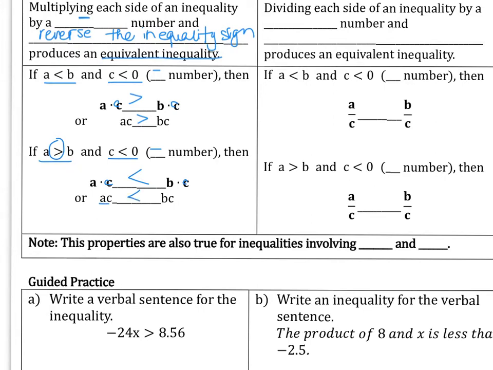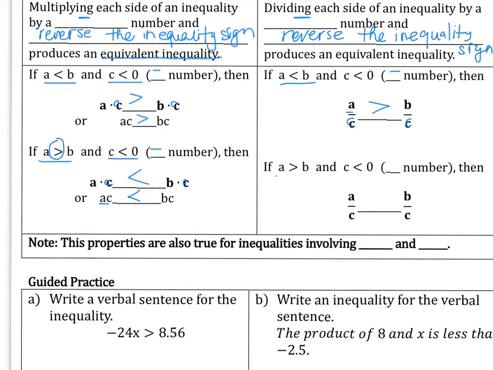And the same holds true for the division property of inequality. If you divide each side of an inequality by a negative number, this would also produce an equivalent inequality if you reverse the inequality sign. So if A is less than B and C is negative, then when you divide both sides of the inequality by a negative number, you need to reverse the inequality sign.